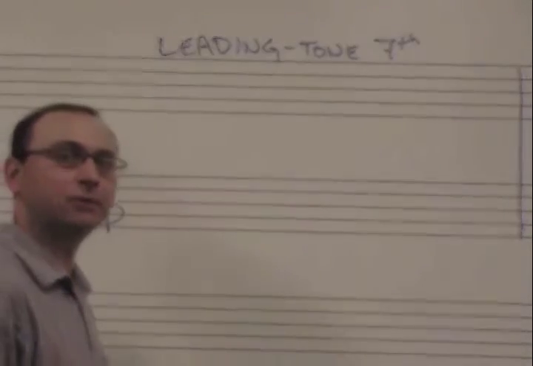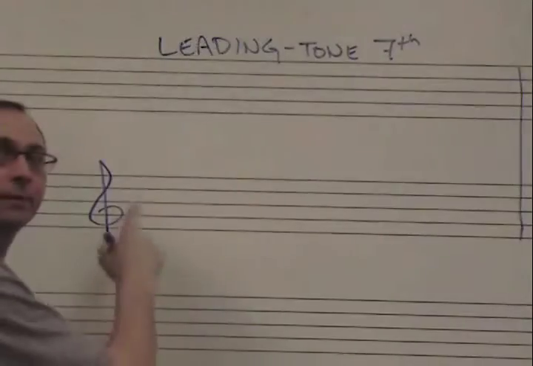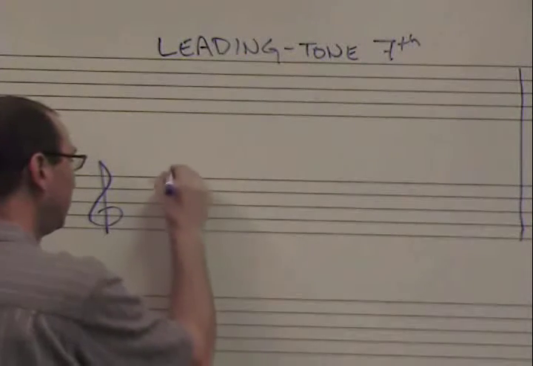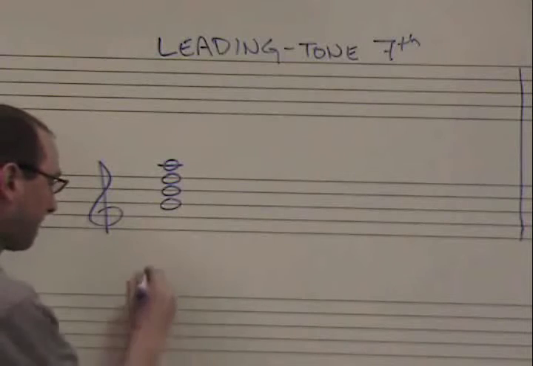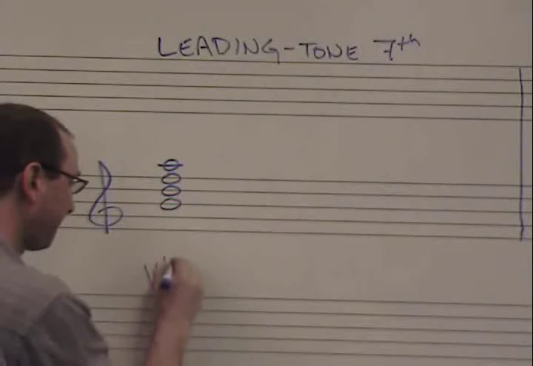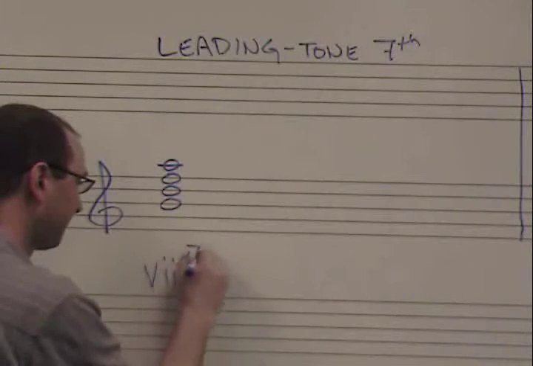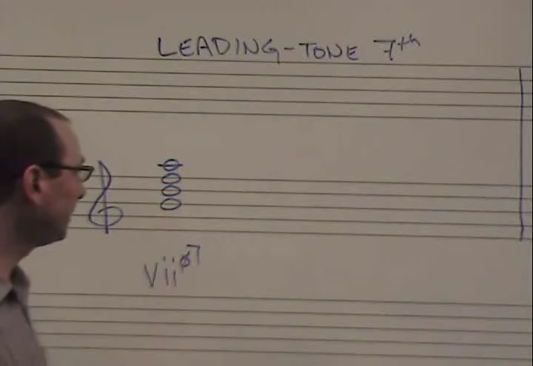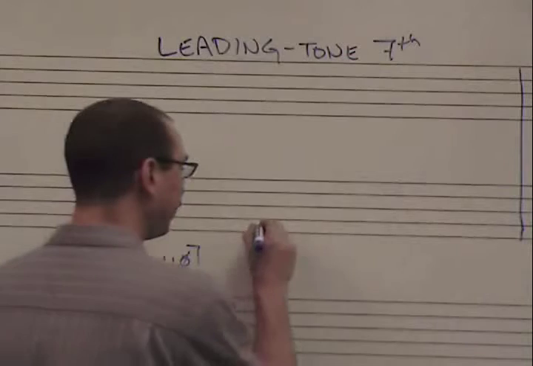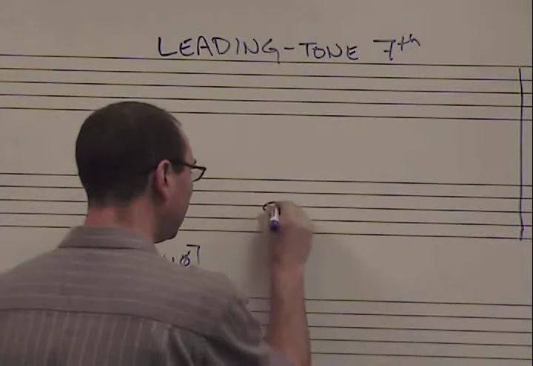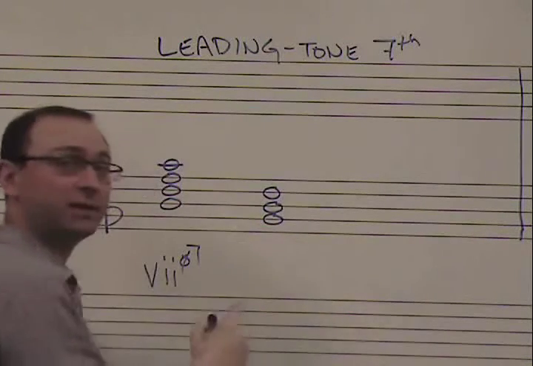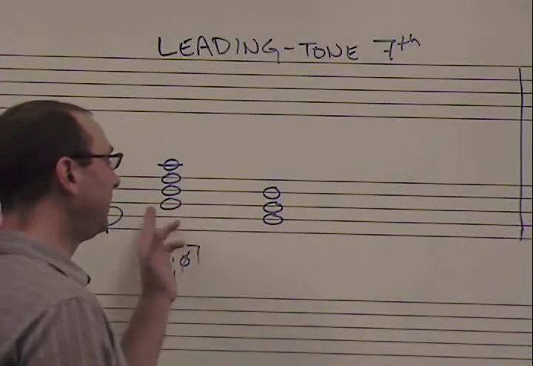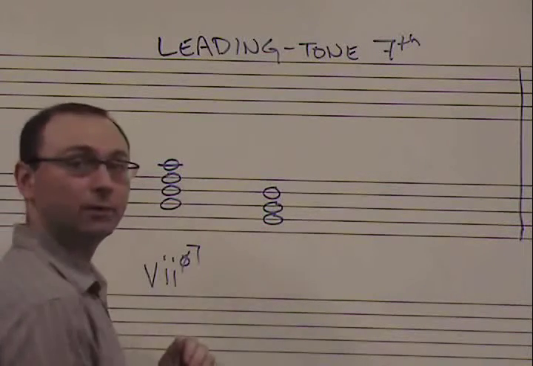let's use C major once again as our example, okay? Here's 7, half diminished 7. Compare that with the dominant 7th chord. Or even the dominant as a triad. You can see that the dominant as a triad has 2 common tones.